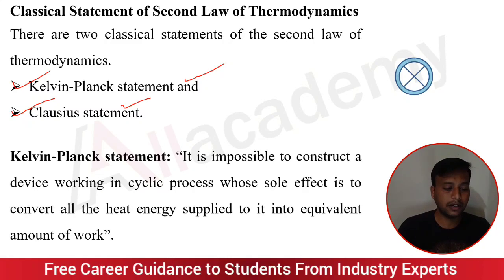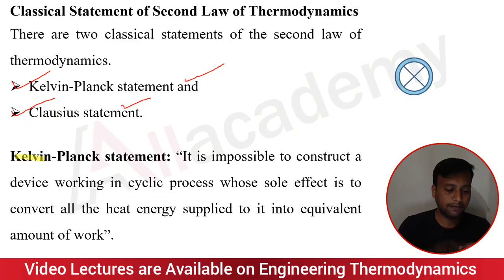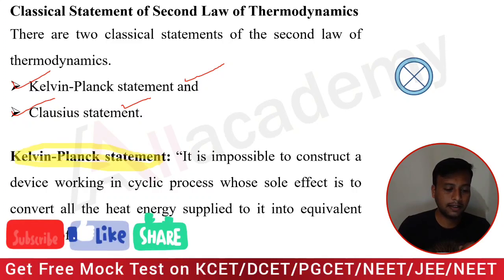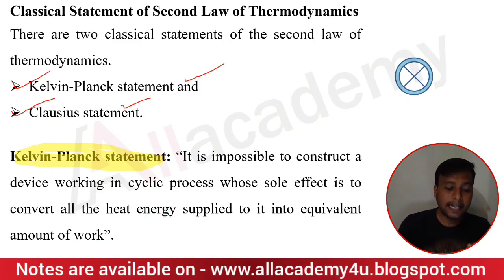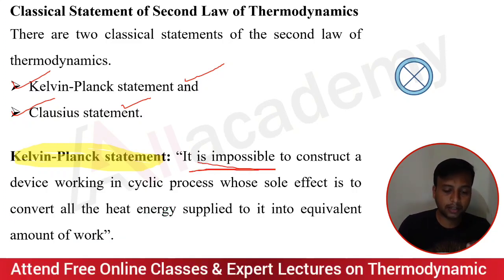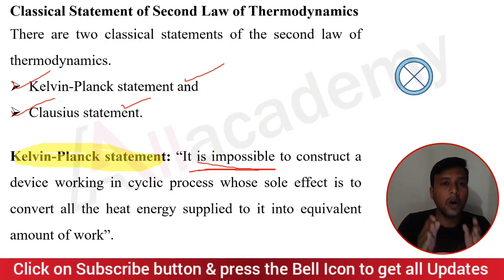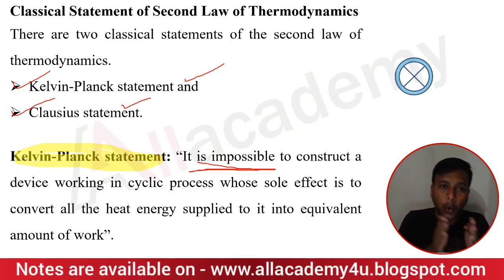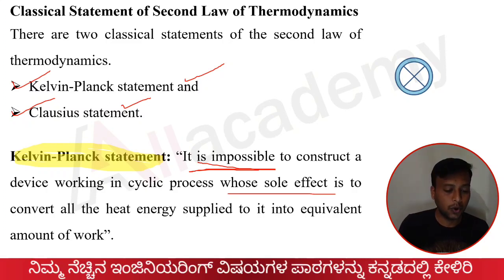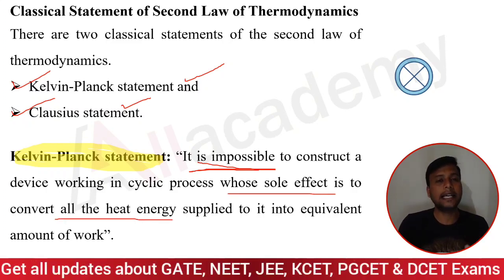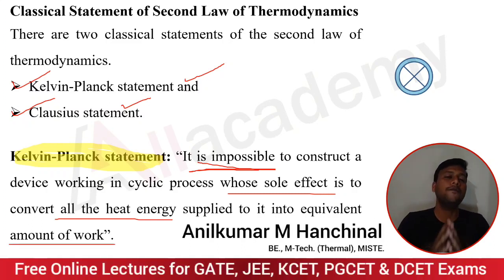Let us go with the first statement, the Kelvin-Planck statement. What does this statement say? It is impossible to construct a device working in a cycle whose sole effect is to convert all the heat energy supplied to it into an equivalent amount of work.